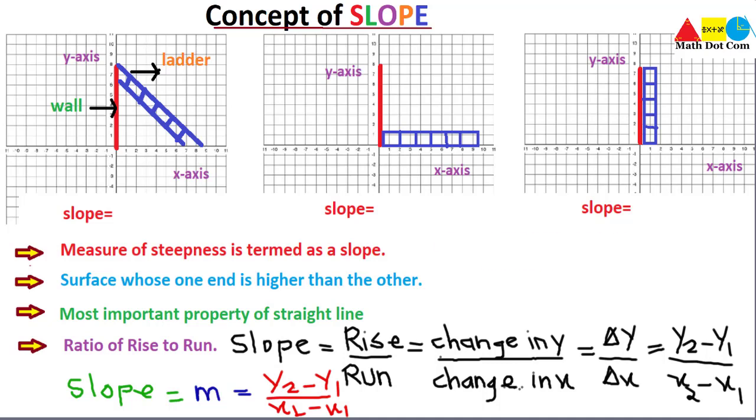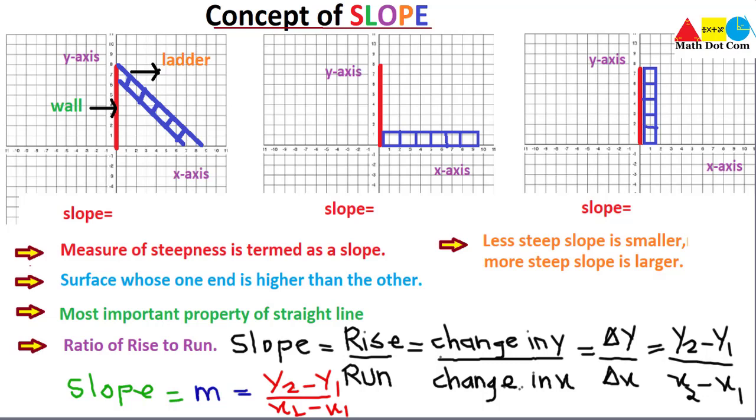Another important thing that you should know about the slope of a line is, if the line is less steep, then the slope will be smaller, and if the line is more steep, the slope is larger. How? Let's see.